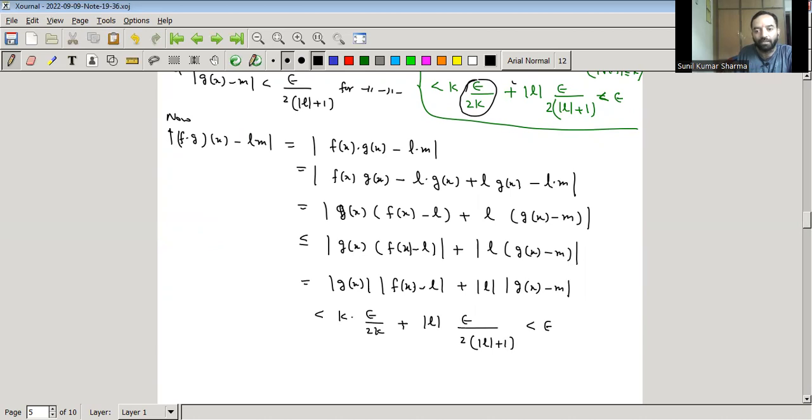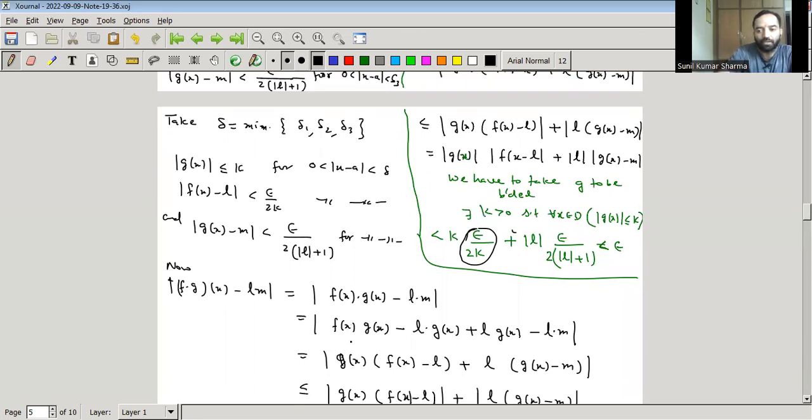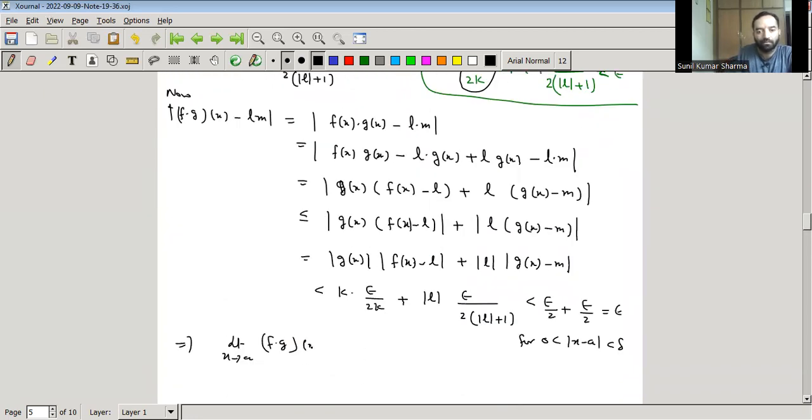This is less than epsilon by 2 plus epsilon by 2, because mod L upon mod L plus 1 is less than 1, and that is equal to epsilon for 0 less than mod x minus a less than delta. So this implies limit x goes to a of f into g at point x is equal to L into M.